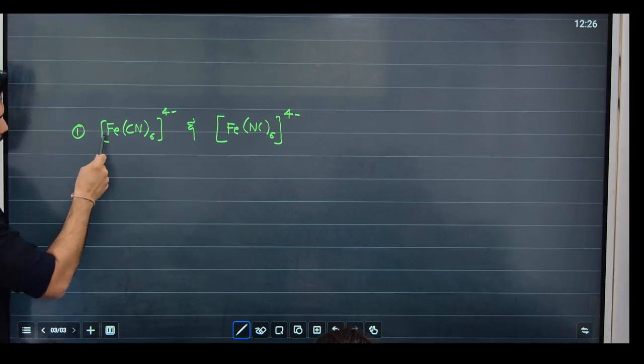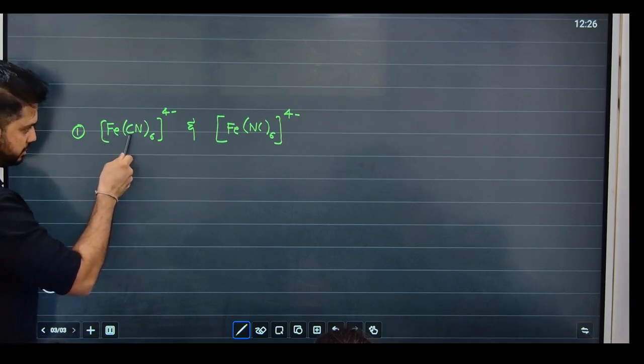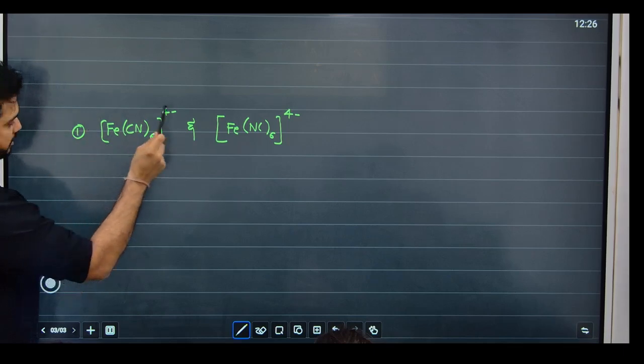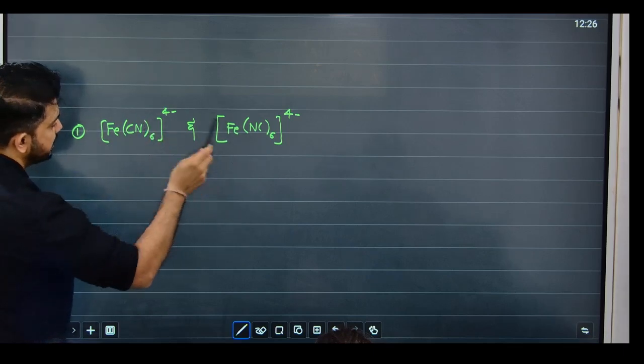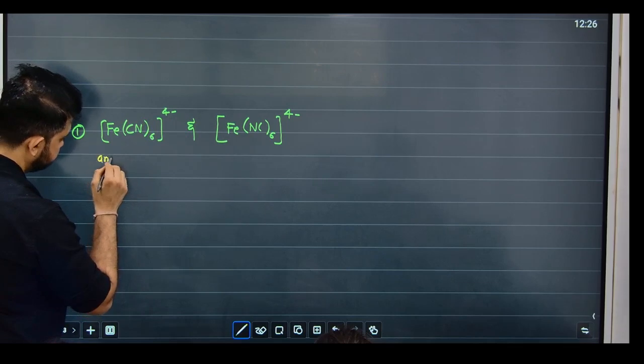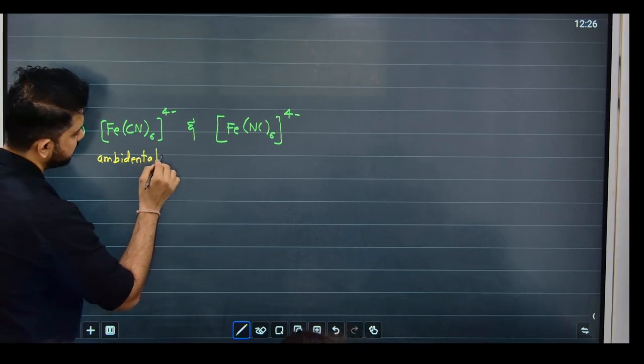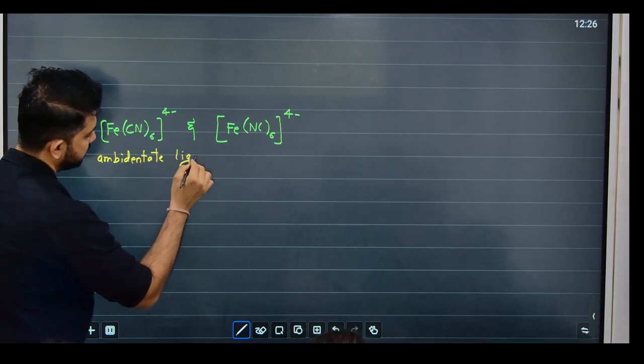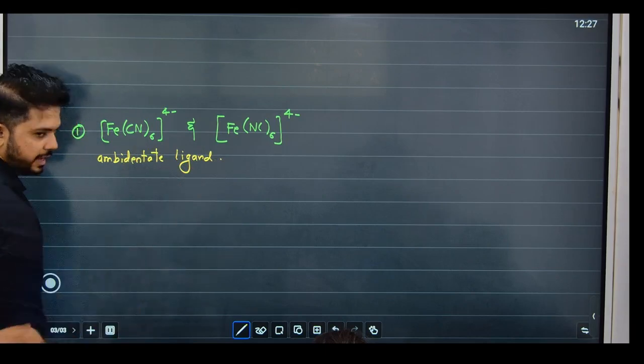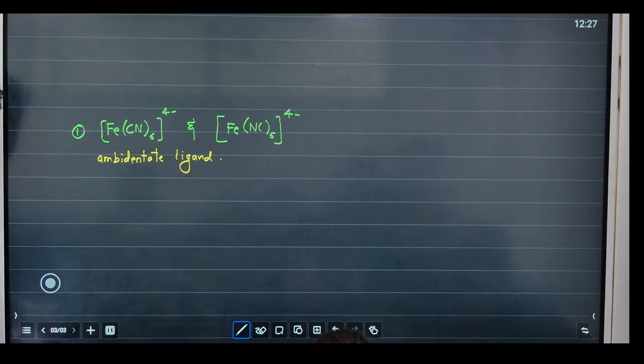Here the central metal atom is bonded to cyano, and here these are what ligands? What type? Excellent. These are ambidentate. What were ambidentate? Different donor but same ligand.